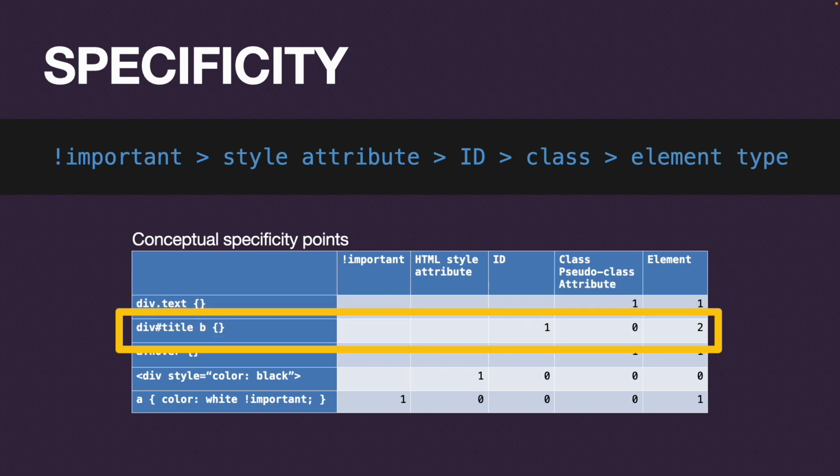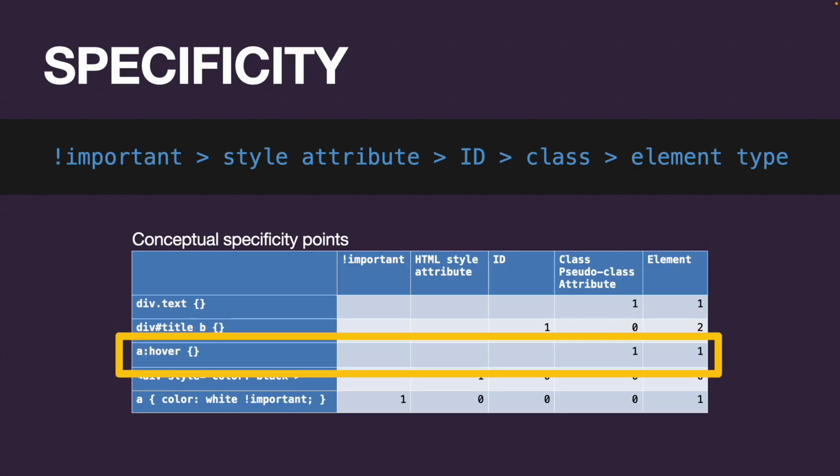If you say elements of the type div with the ID title and nested under that any B elements, then you have the B element and the div element, that's 2 points, and you have the title. So that's going to be 100 points for the title. Now, generally you wouldn't write div ID title, you'd just write ID title because you're not going to have something else that has the ID title, but this is just to show the point system.